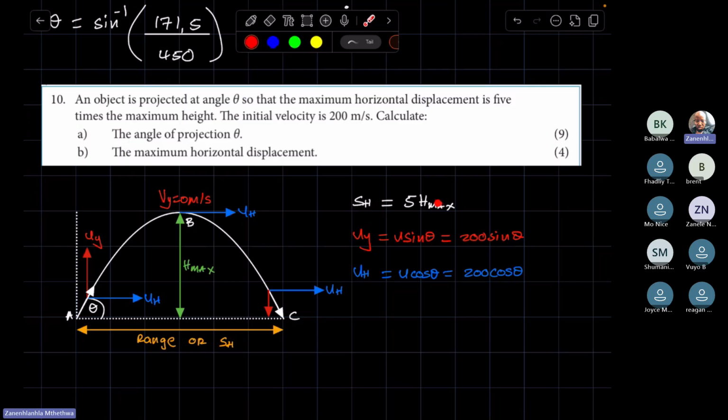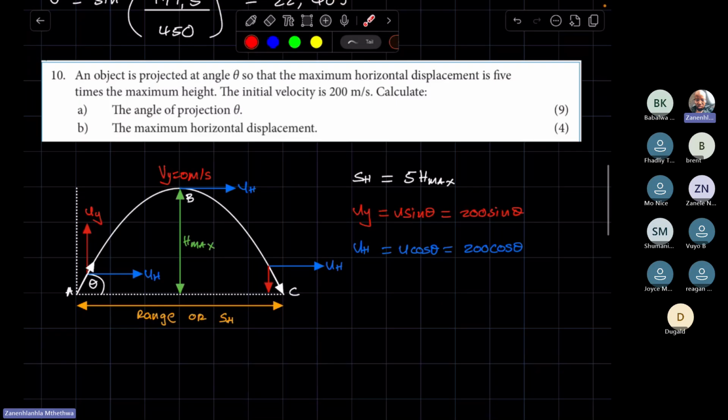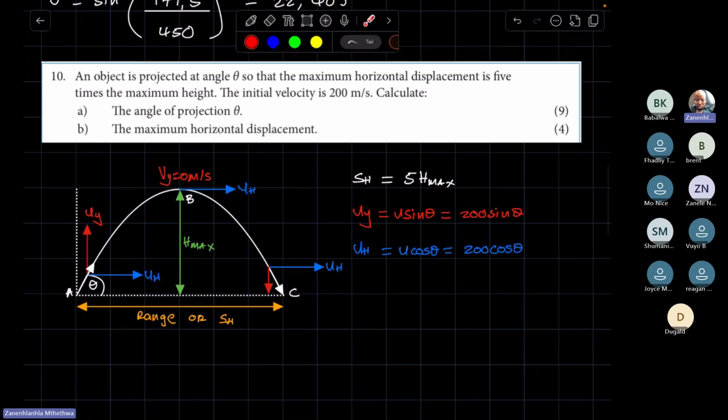We know we only have one equation for this. And then as far as H max, there's a number of equations that we can use for H max, because H max we get along the vertical plane. So this goes back to using that information that has been given.